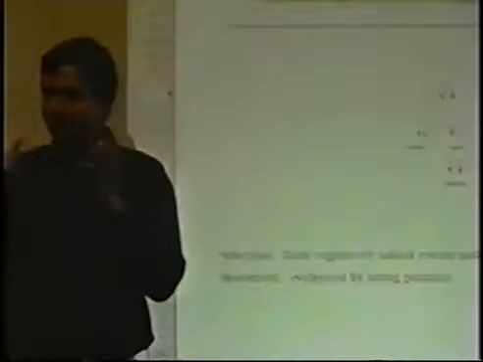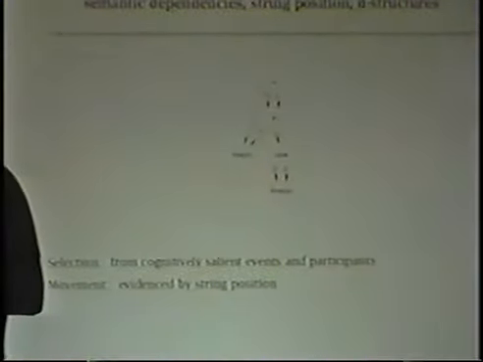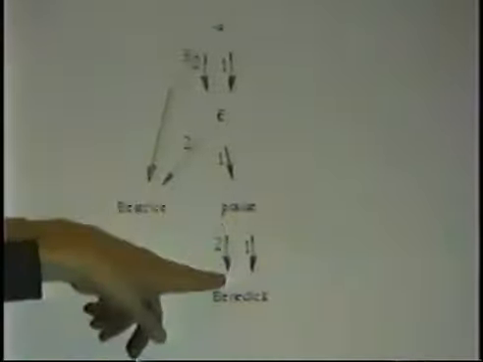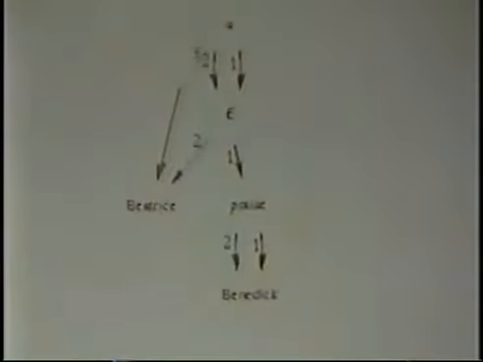So this is where we are making assumptions about what a learner could figure out. And in a robotic setting, we've made this work. But the idea is the selection relations, the primary ones, can be recognized by identifying the cognitively salient events and participants.